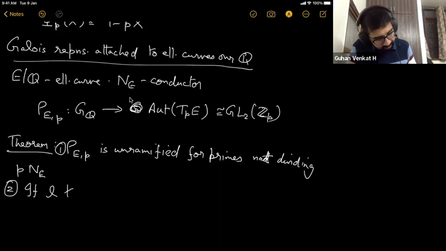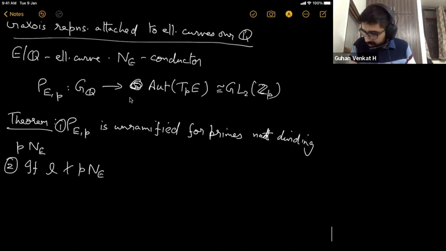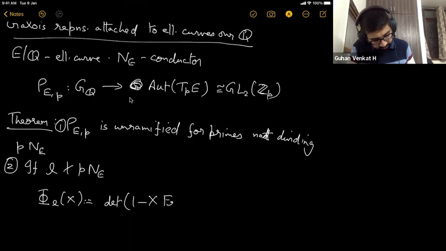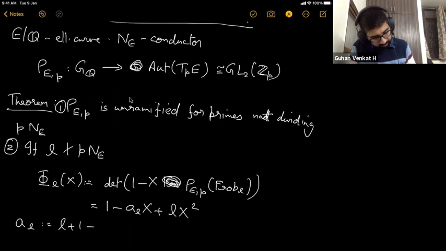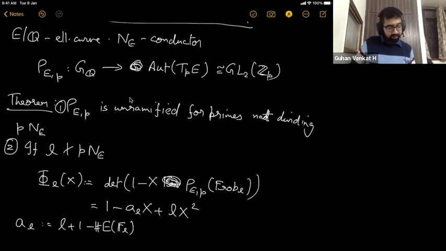So suppose ℓ is such a prime, then the characteristic polynomial is going to be 1 minus a_ℓ X plus ℓ X squared. Here a_ℓ is the quantity you get by taking ℓ plus 1 and then subtracting the number of F_ℓ-rational points on E.